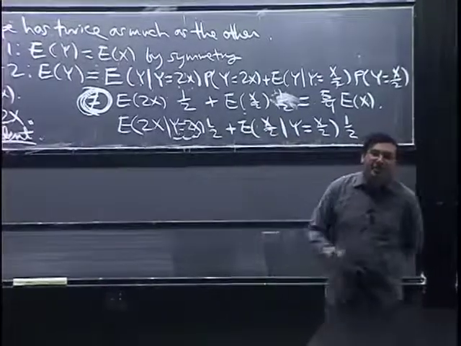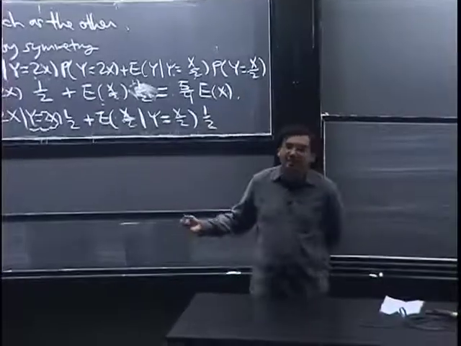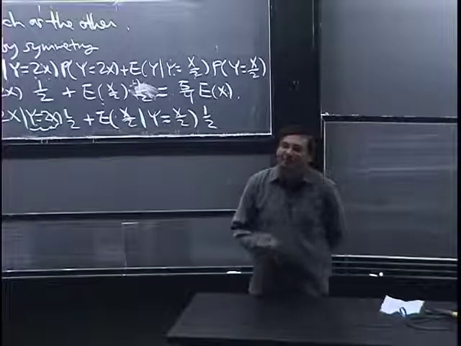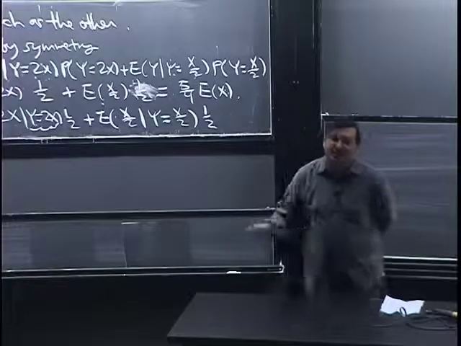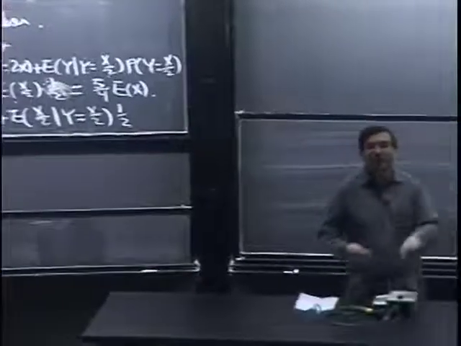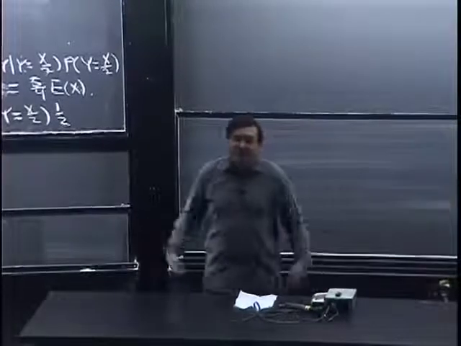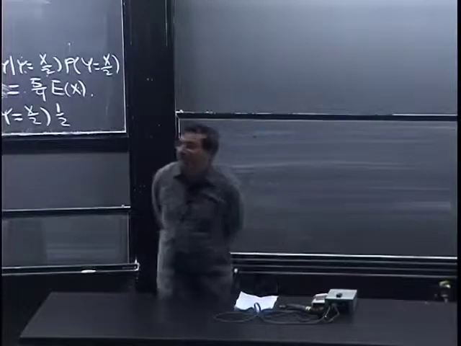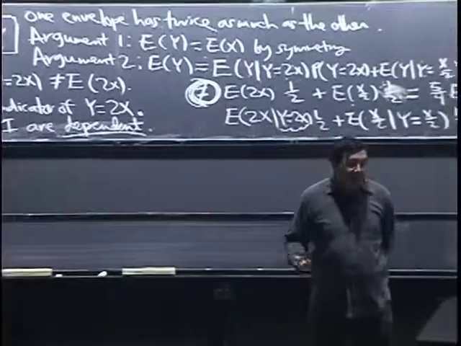So when you see that $1 trillion, does that give you information that makes you think that the other one is probably only half a trillion because a trillion is big? But what's a trillion, right? It's nothing compared to 2 to the 2 to the 2 to the trillion or something like that. So it seems surprising that they're dependent, but essentially we just proved that they have to be dependent if the expected values are finite.